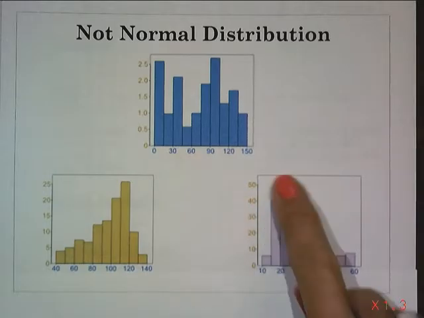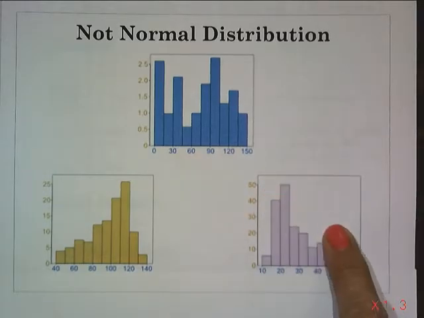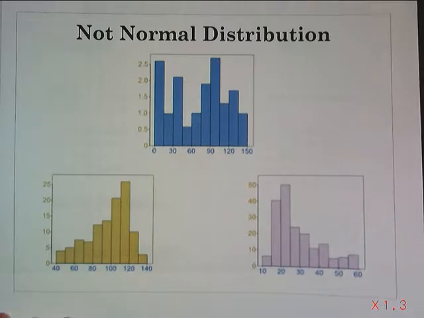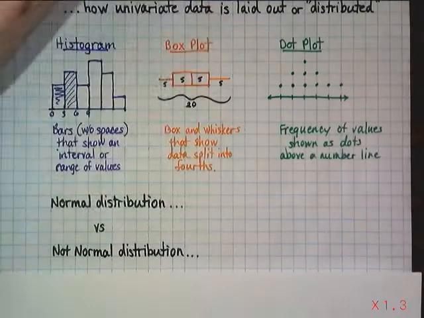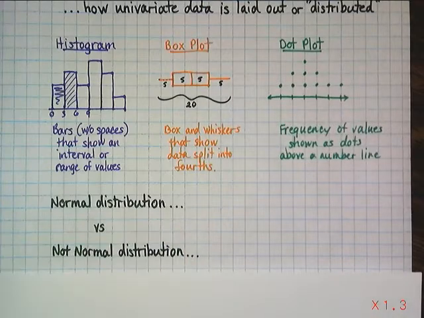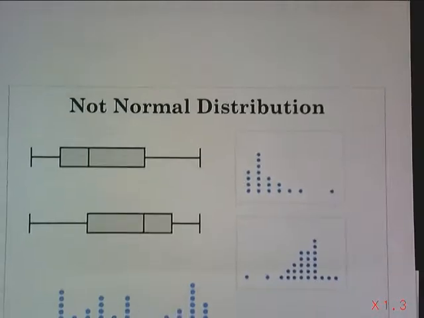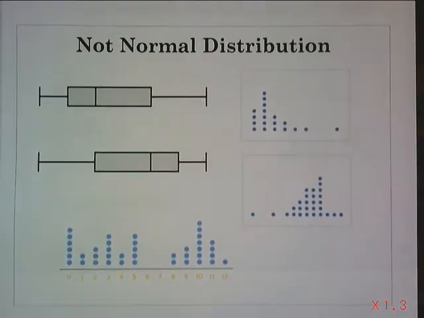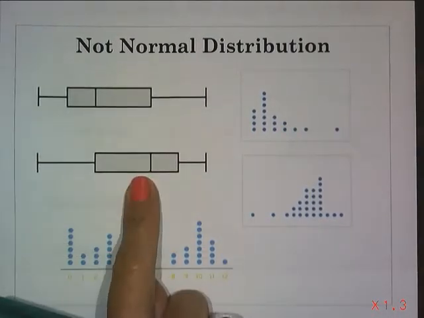This one would be the flip side of that, tall at the beginning, then kind of fades to the right. That would be an example of not normal distribution for histograms.